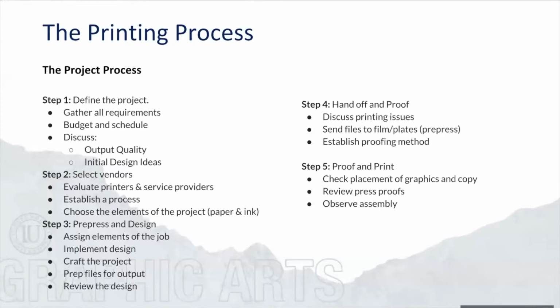And again, this is why working with a local vendor sometimes is a little bit easier. I might be able to call up a local vendor, and if they don't have that product, but they think it's a really cool project and they see the potential to make an extra buck there, they might be able to find out where to get the products to print that on for me.